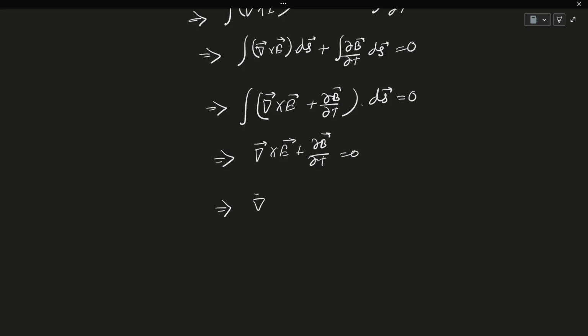But now let me move the second term towards the right, then I can write del B del t. So this is Faraday's law of electromagnetic induction.